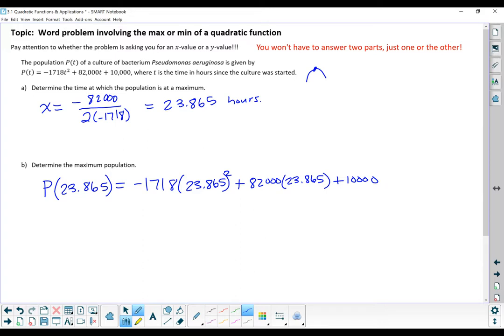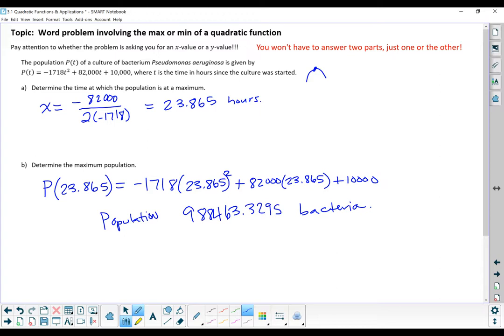And I don't think most of them have numbers this big, but this one does have big numbers. Let's see, let me just crunch that really quick. Okay, so we get that the population is 988,463.3295 bacteria.